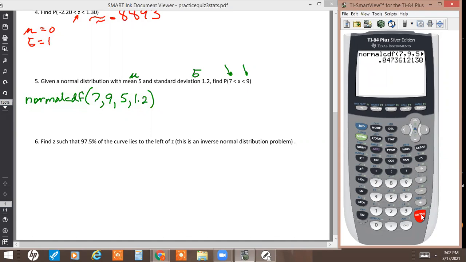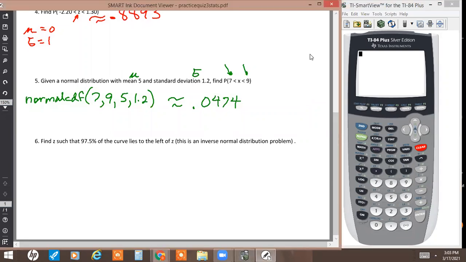And we get 0.0474 here, rounded to the 10,000th place. Now, again, this is more exact than your table. It carries the computations out farther, right? All right, last problem.